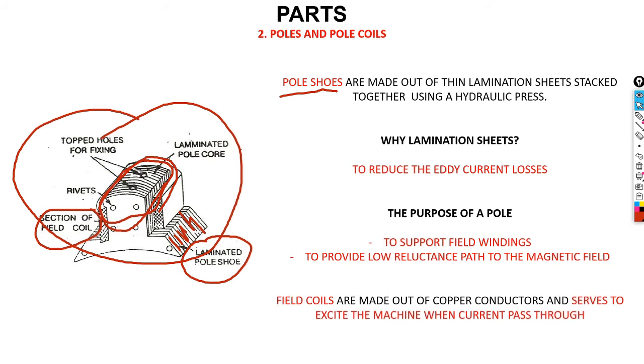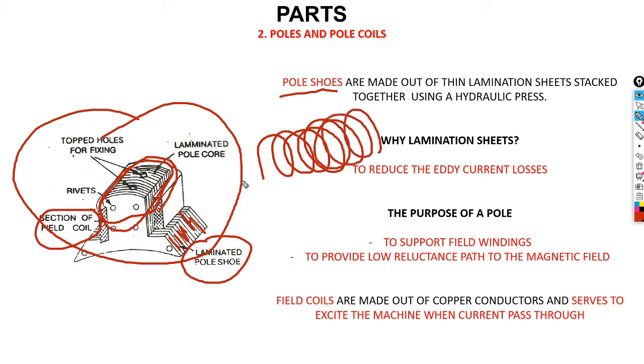Our field coils are made out of copper conductor, and their purpose is to excite the machine when current passes through them. We all know that when you have a conductor and it is turned together like this, it becomes a coil.